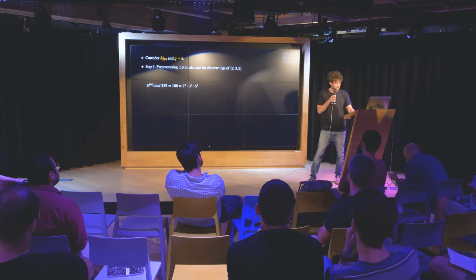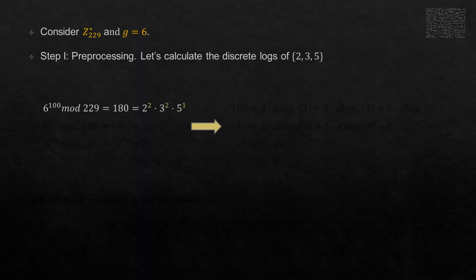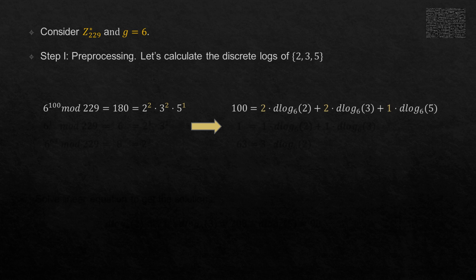Okay? And now, by applying logarithm on both sides of the equation, I get that 100 is equal to 2 times log 2, 2 times log 3, and another 1 time log 5. That's a linear equation. That's nice.